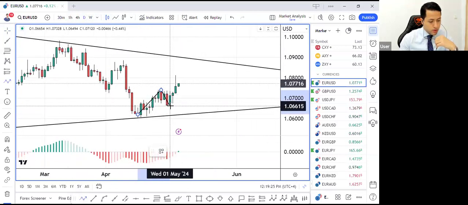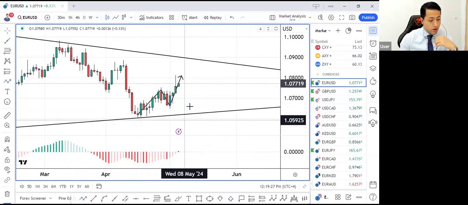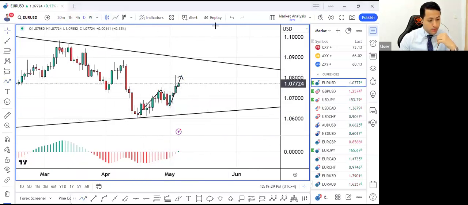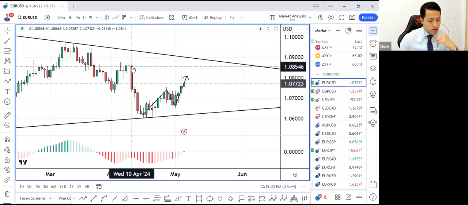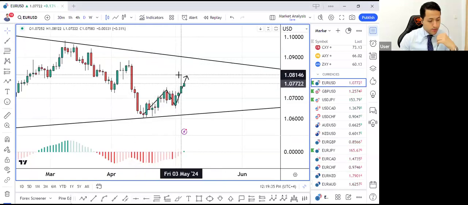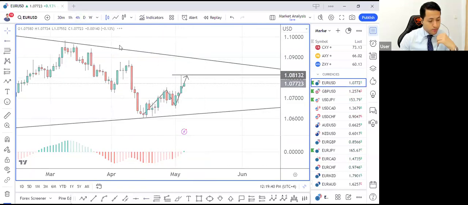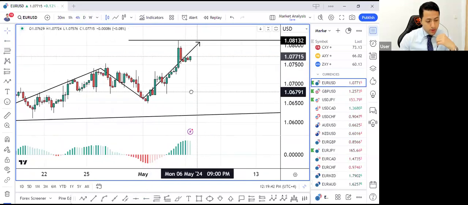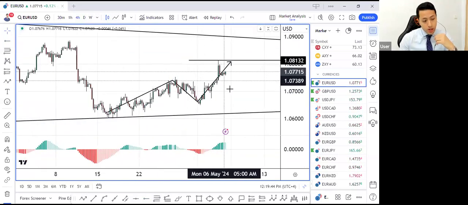Move lower, retracement, a move higher, retracement, and then a move higher again. I think this is a very interesting level to look at on the euro. It's a level of resistance that we rejected during the last week.